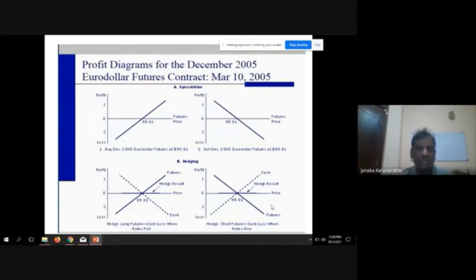Now, just to show you how it happens, an example. Let's say you have a euro-dollar futures contract trading in March 2005, which is maturing in December, expiring in December 2005. So let's say you buy euro-dollar futures at 95.91. So what is the interest rate the market is offering?